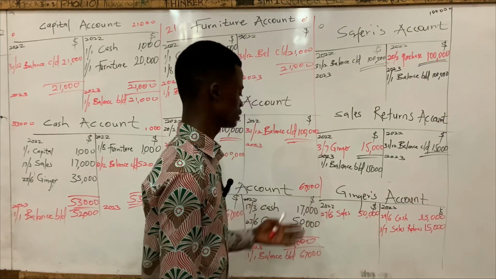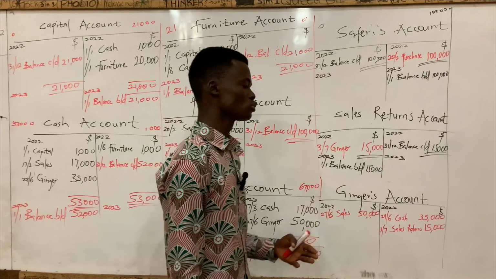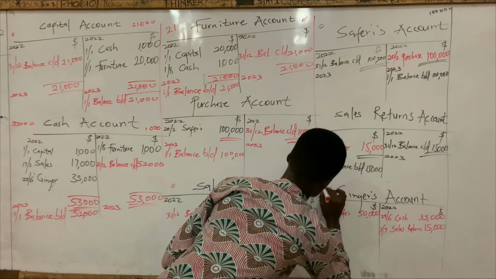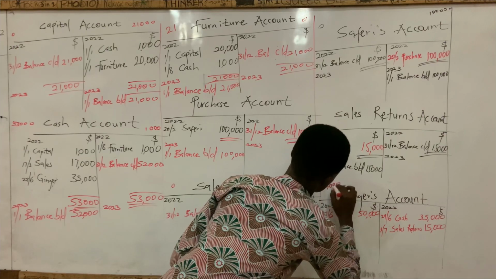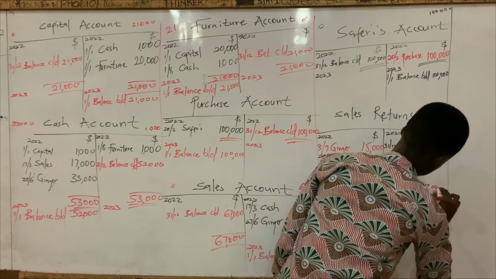So we first find the total debit entries and that of the credit entries, and after that, we will close up both sides with a greater total. So the total debit entries is $50,000, and that of the credit entries is also $50,000.